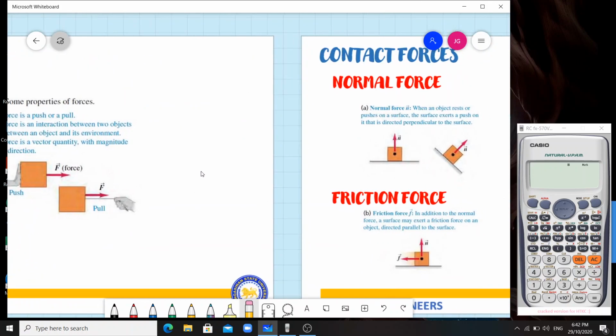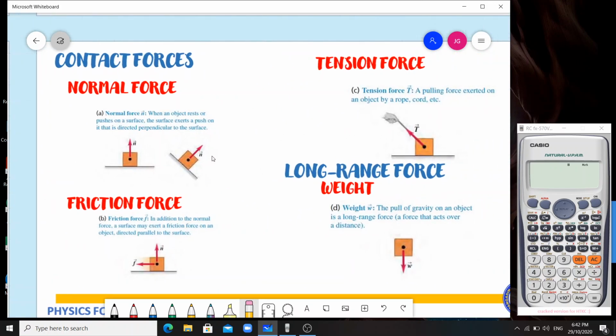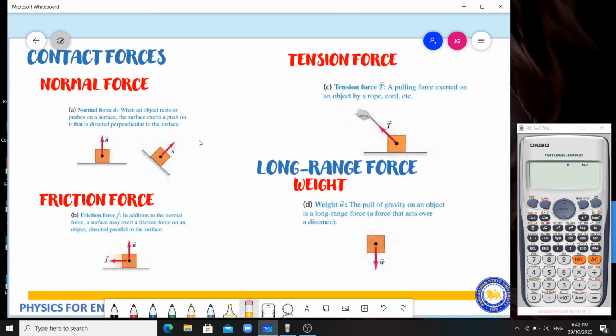There are different forms of contact forces: the normal force, friction force, and the tension force. The normal force is the perpendicular force exerted by a surface on an object.